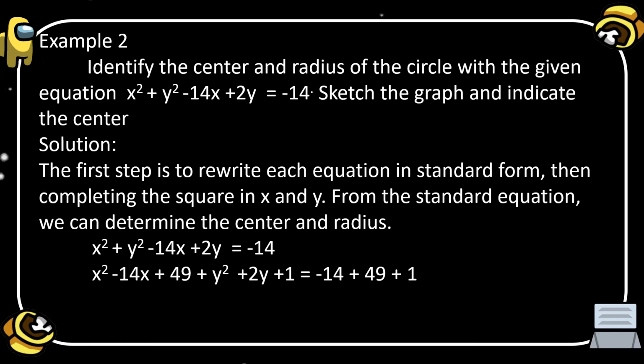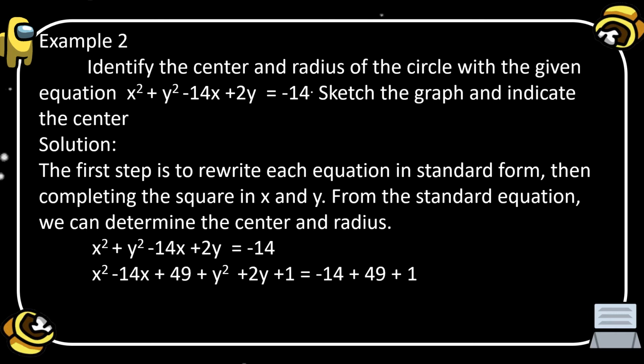For the y terms, we have y squared plus 2y. Then applying completing the square, b over 2a squared, the value of b is 2 and the value of a is 1. So the quantity of 2 over 2 times 1 is equal to 2 over 2. When you divide, the result is 1. Then when we square it, the value is still 1.